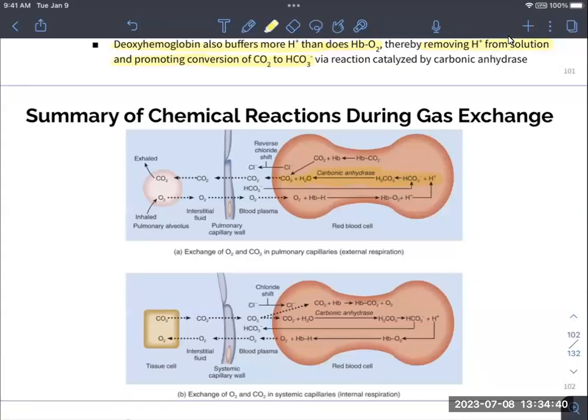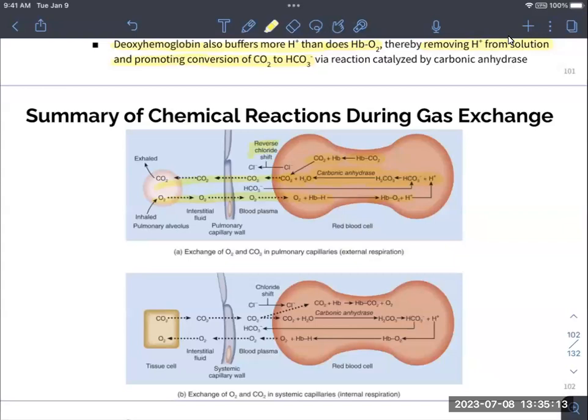That allows us to get rid of that carbon dioxide to breathe it out. The oxygen that we bring in gets bound to that hemoglobin, which will give us that oxyhemoglobin plus hydrogen. Hemoglobin can also bind to carbon dioxide, deoxyhemoglobin, which will get split apart so that carbon dioxide can be breathed out.